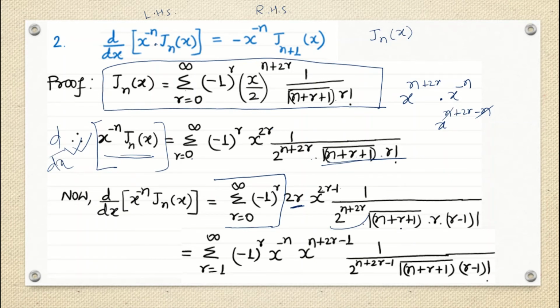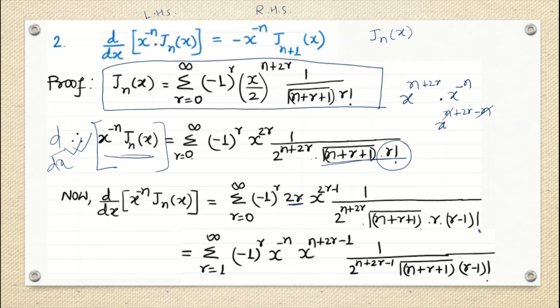Now we see that there are some changes we have made here. The gamma n plus r plus 1 is okay. Instead of factorial r, we are writing r into factorial r minus 1. Why are we doing it? Because having found this derivative, I have got this 2 into r, so r is in the numerator and also in the denominator.